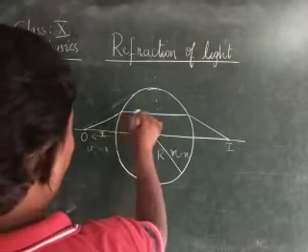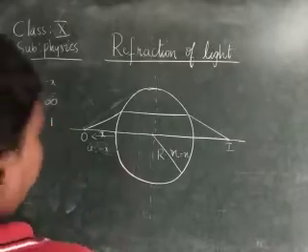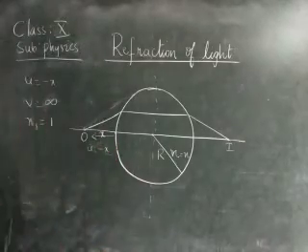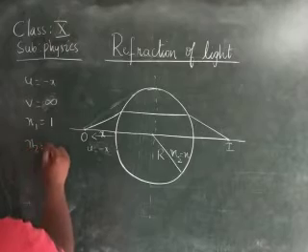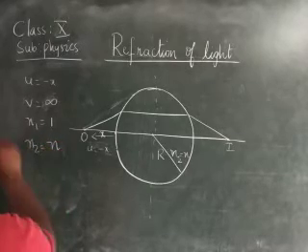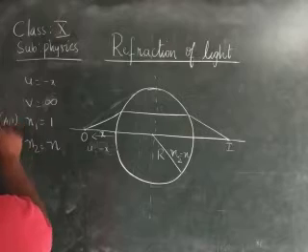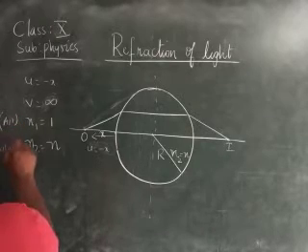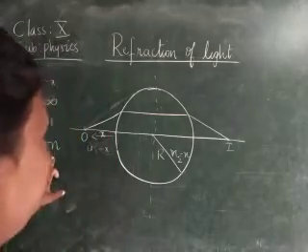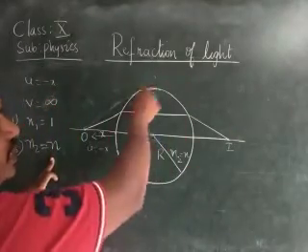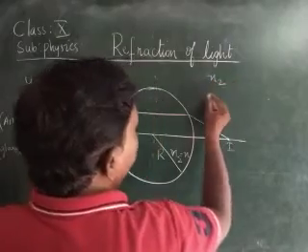The light is traveling from air to the sphere, therefore n1 is the refractive index of air, and n2 is the refractive index of the glass sphere. Therefore n2 is equal to n. Since it is a curved surface, we should use the curved surface formula.